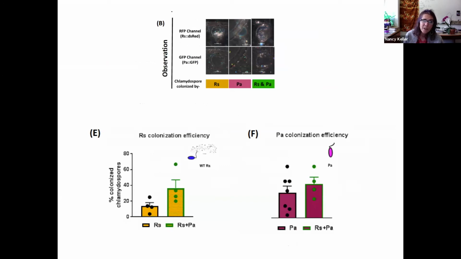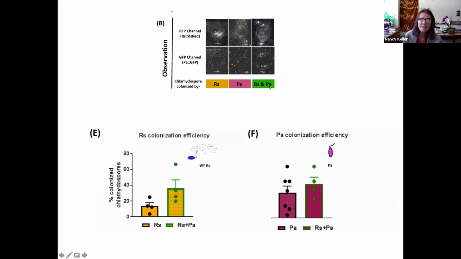The next thing she wanted to ask was, well, will a chlamydospore only house one bacterium, or could there be more than one bacterium? So this is a case where she either co-cultured Ralstonia and Aspergillus alone, or Pseudomonas and Aspergillus, or both Ralstonia and Pseudomonas.